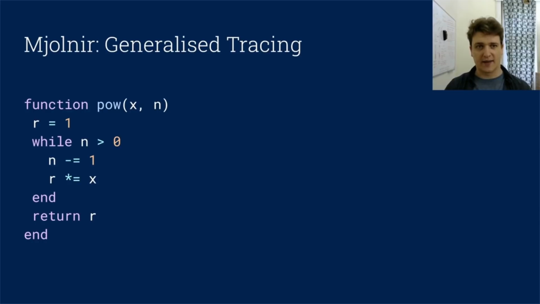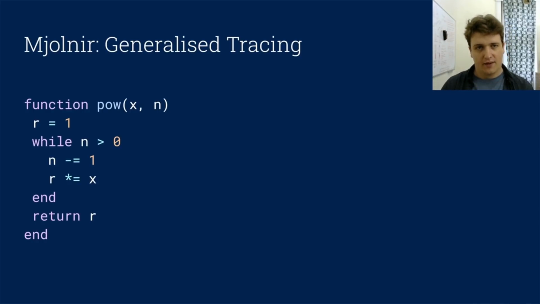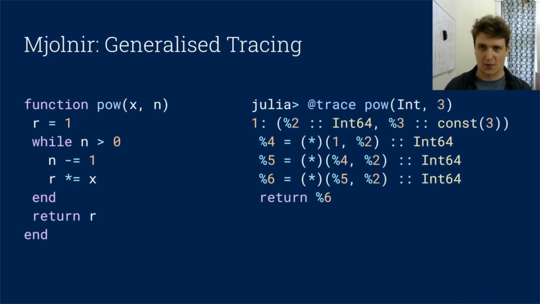So to show how we can get the best of both worlds here, we can show an example like this power function, very simply doing x to the power of n with a loop. And I can show you what it looks like when we trace this using Mjolnir. So what's happening here is that we have x being some arbitrary integer, but we know that n is the number 3, which means that we can unroll the loop.